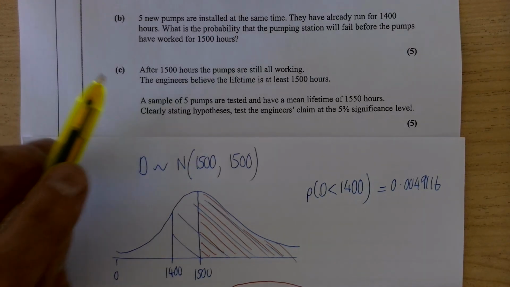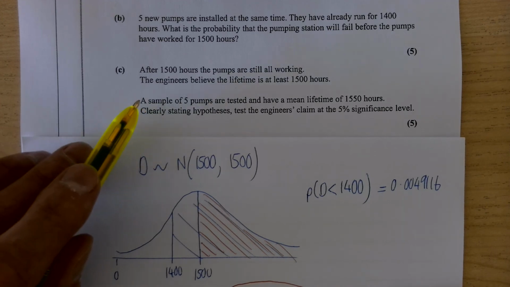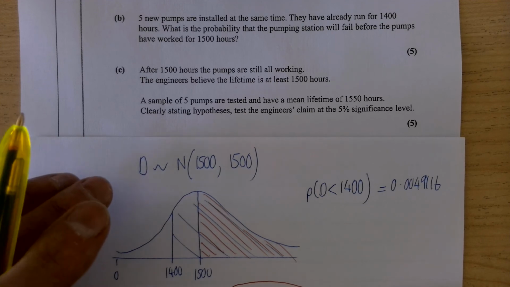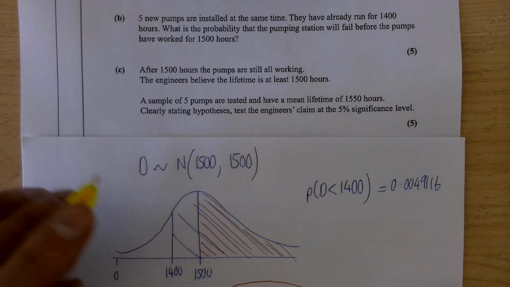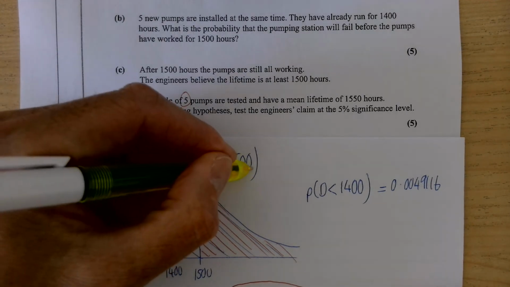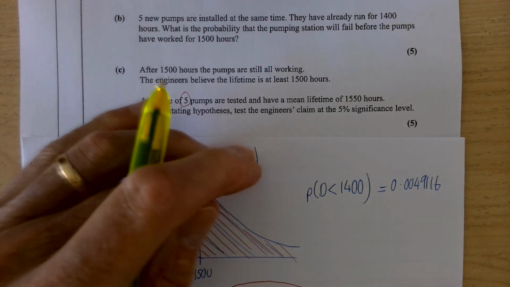I'm not going to do part C, but just to remind you that with hypothesis testing with the normal, we're dealing with a sample, and the distribution of sample means is never as spread out as the distribution of the whole population. So in this case, 5 pumps, so I need to divide my variance by 5. So the standard deviation is the square root of all of that.